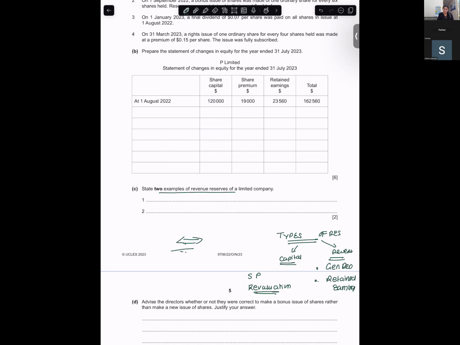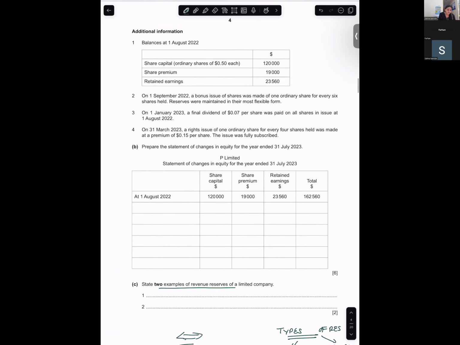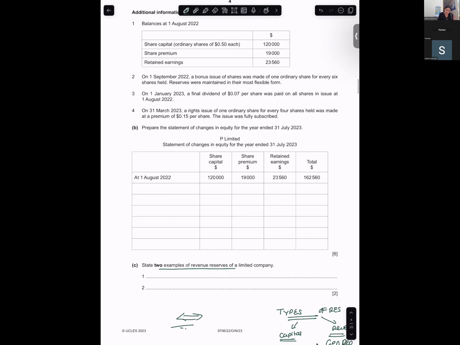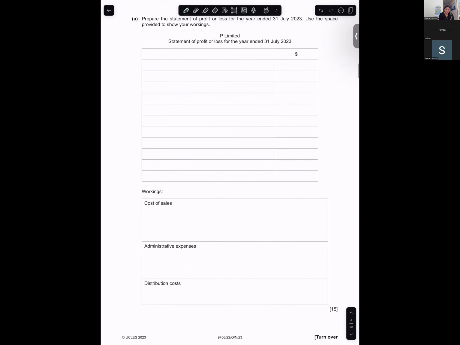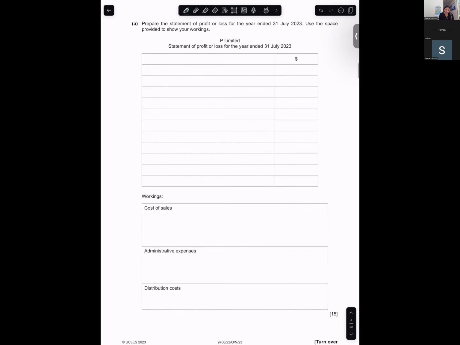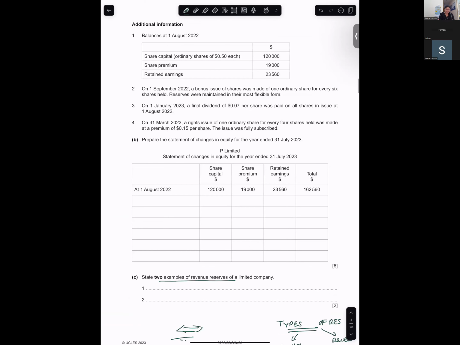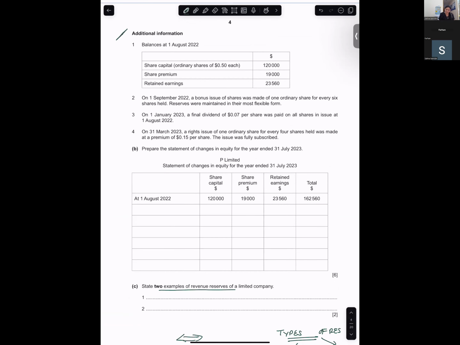So today again you will start with limited companies, because limited companies is very, very important. If question number 1 is on limited companies, it is a full-fledged question, so they have one full income statement that they want you to make, and they have one statement of changes in equity that they want you to make.